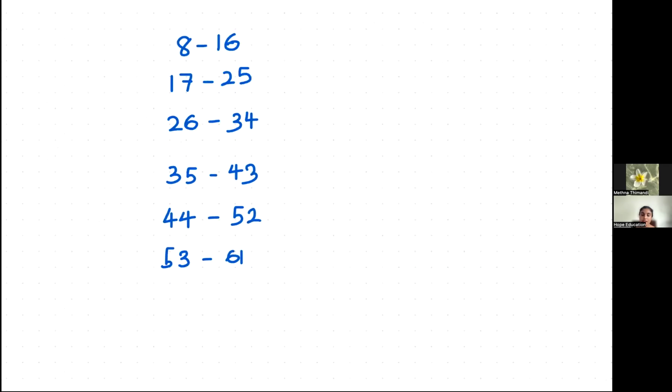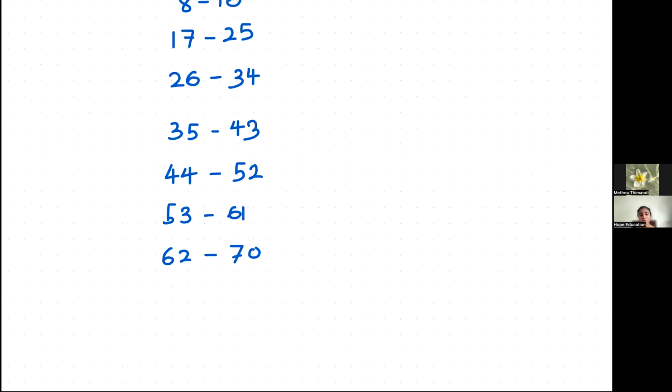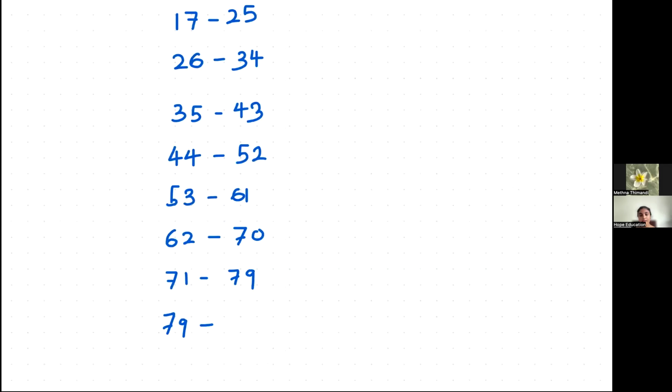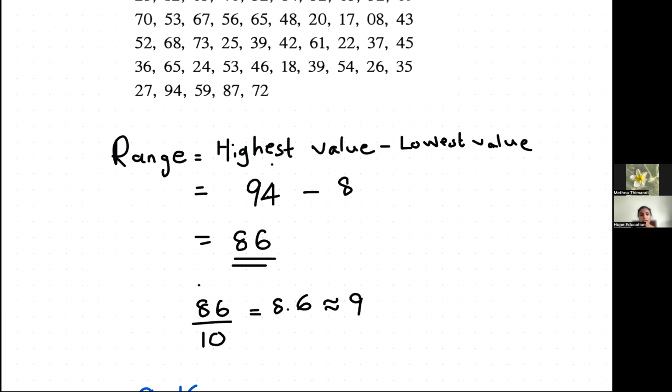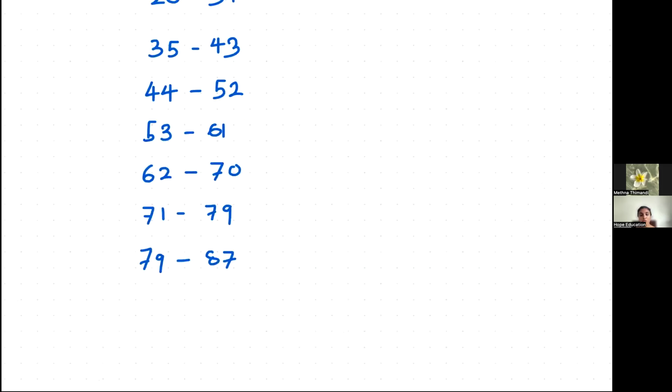Then 62 to 70. Then 71 to 79. Then 79 to 87. Our maximum value is 94, so don't go up to 94, stop at 87. Then 88 to 96. 94 falls within this group.